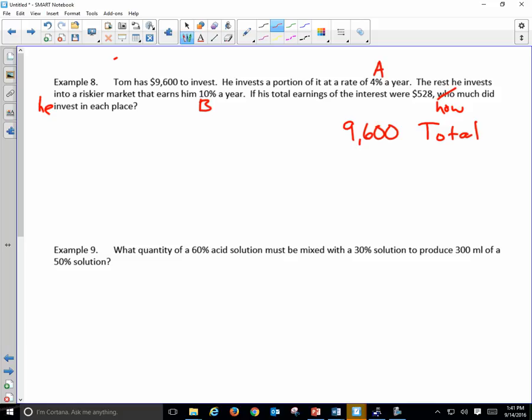Okay, excellent. Except you wrote the equation for the 528. You use 0.04 and 0.1, which have to do with the 528. A plus B is equal to 9,600.